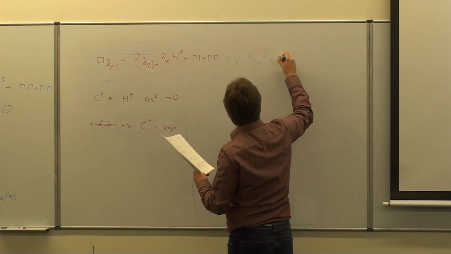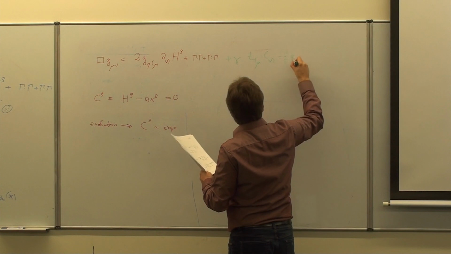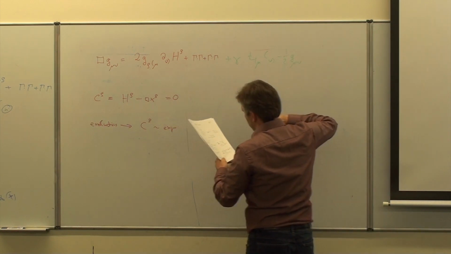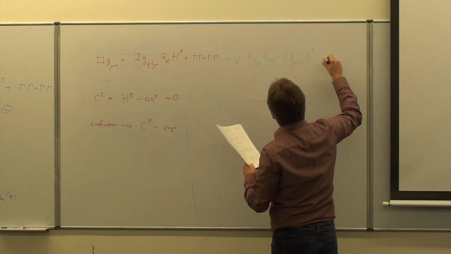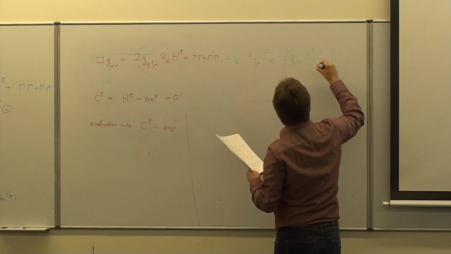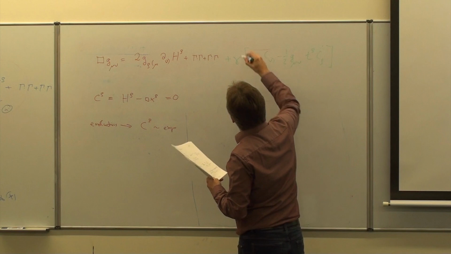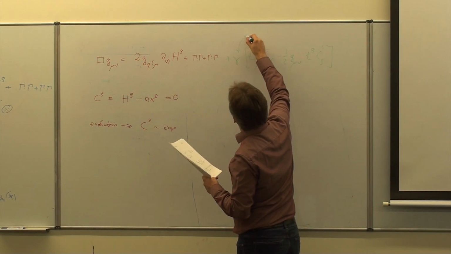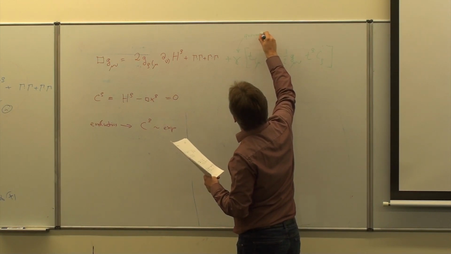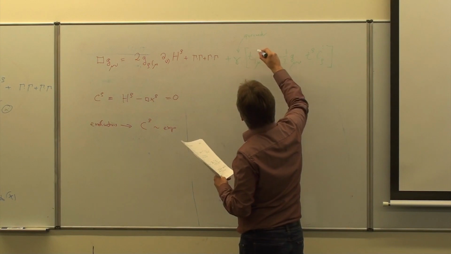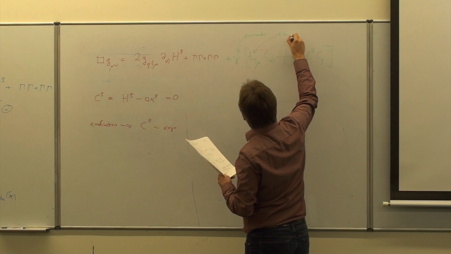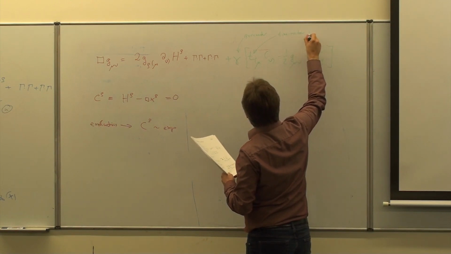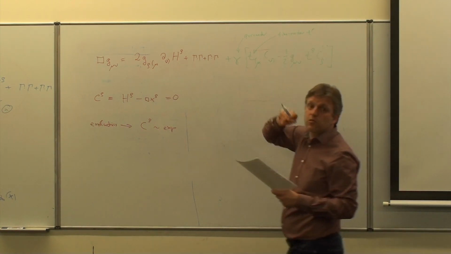So mu minus 1/2 g mu t rho 0. In this extra term, gamma is just a parameter. This t field is the time vector I was describing yesterday.